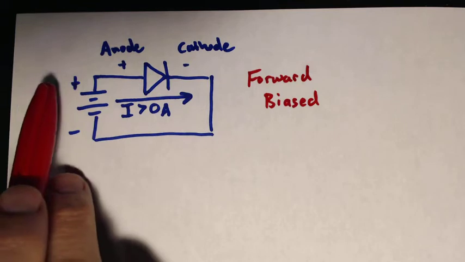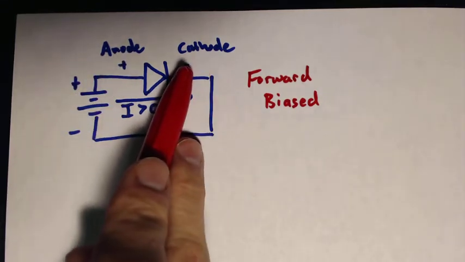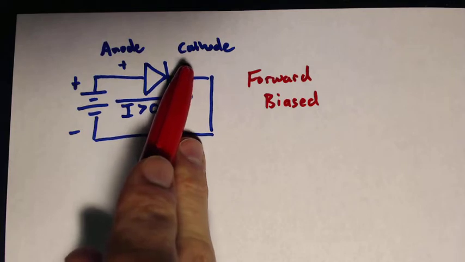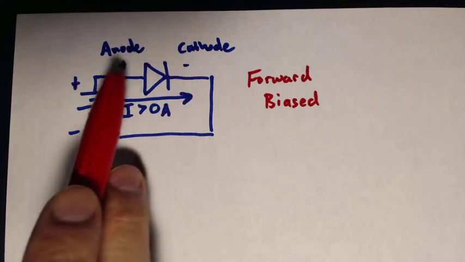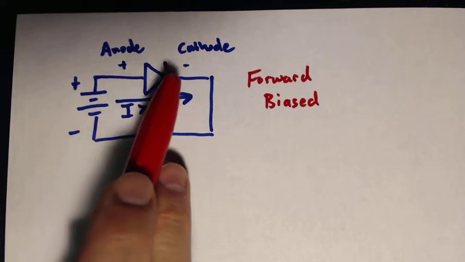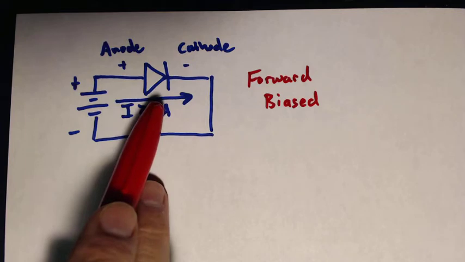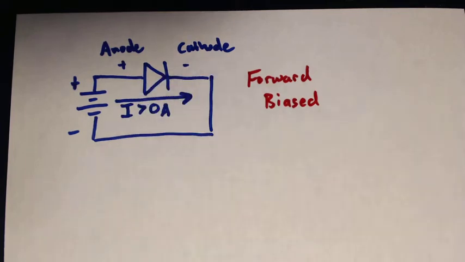So our polarity, we have positive applied to the anode, minus applied to the cathode. So we're creating a situation such that we are causing current to flow from the anode to the cathode. And because of the orientation of this diode, it's going to permit that.